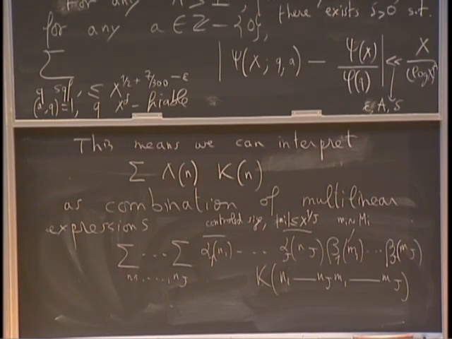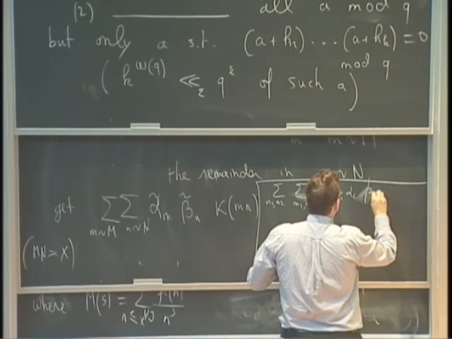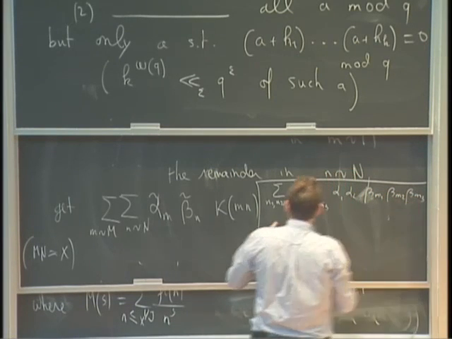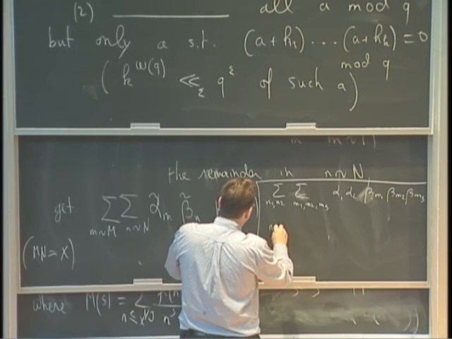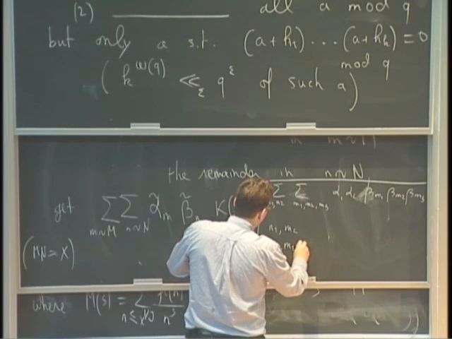But suppose you have something like a sum over n1, n2, m1, m2, m3 of alpha 1, alpha 2, alpha 3 with n1, n2, beta m1, beta m2, beta m3. And suppose you want to glue, let's say, n1 with m2 and the remainder n2, m1, m3.